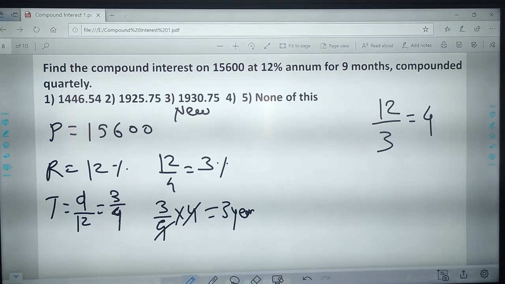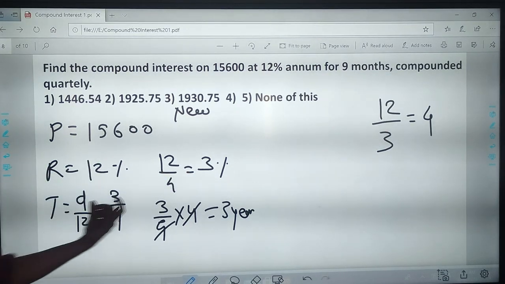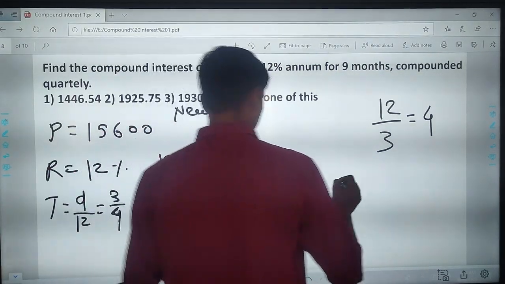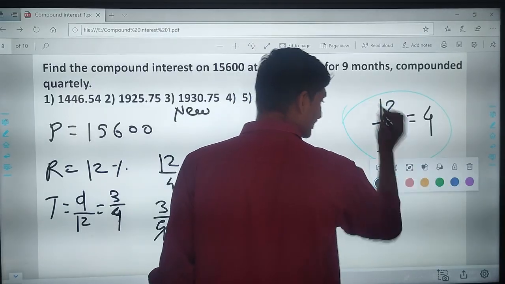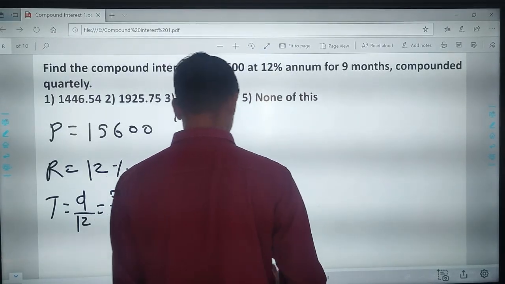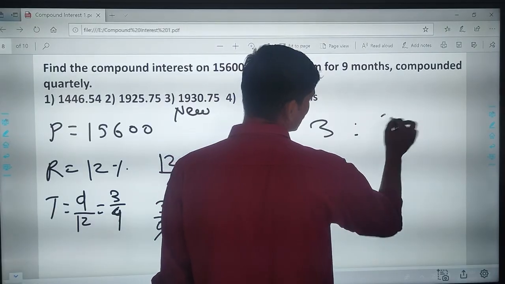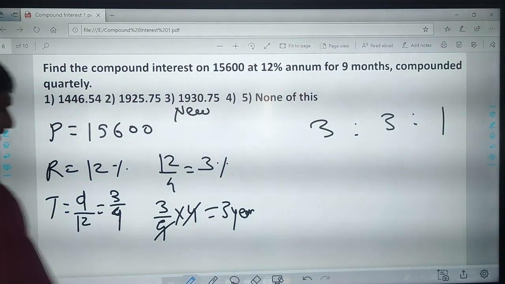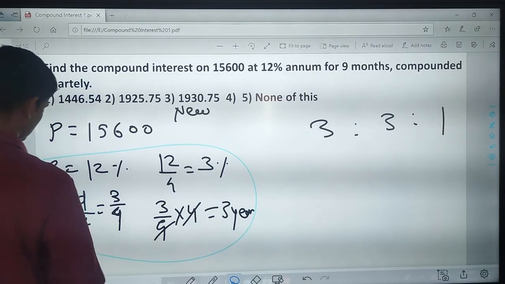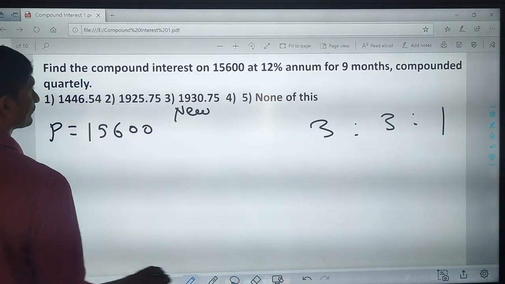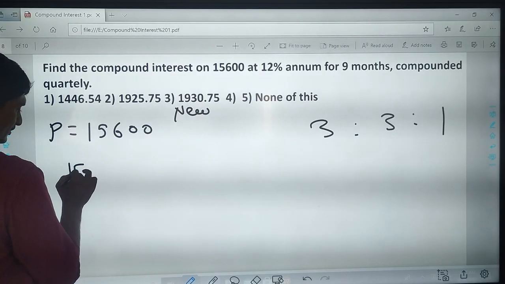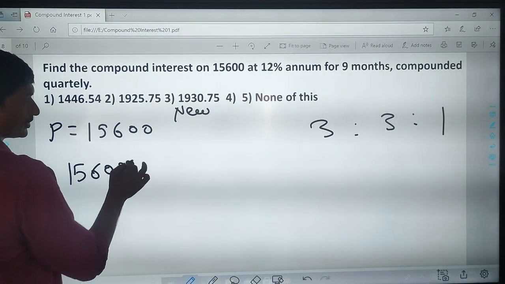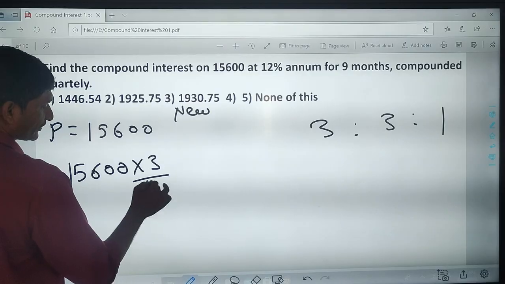Now here your new interest rate is 3% and new time is 3 years. Now here we find the interest for 3 years at 3%. 3 as 3, 3 and 1. Now here we find 3%.